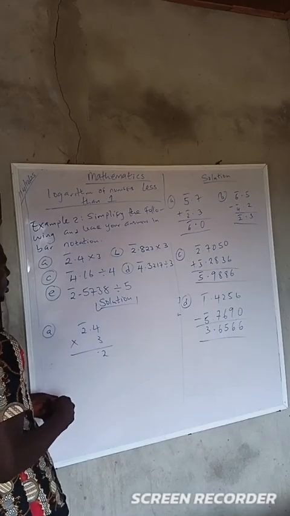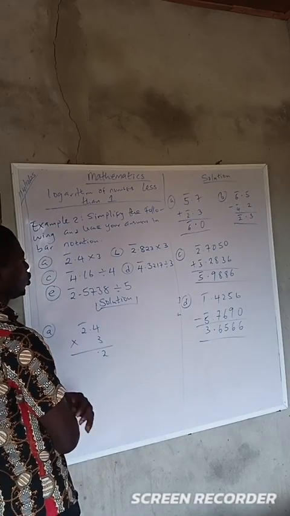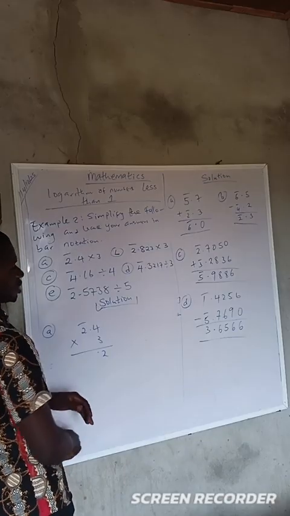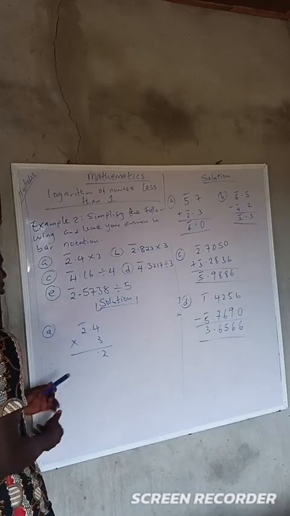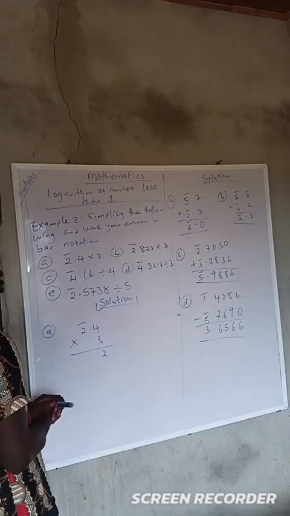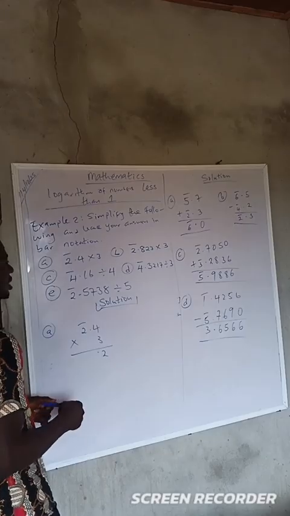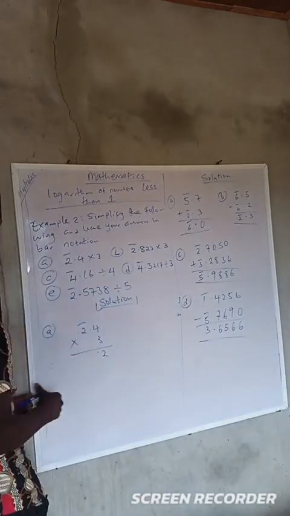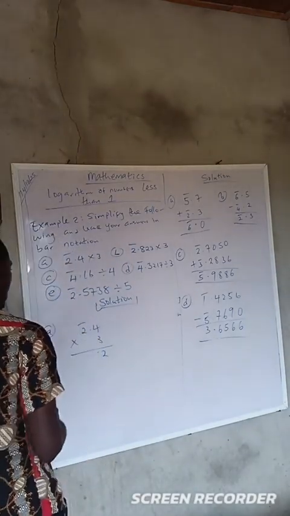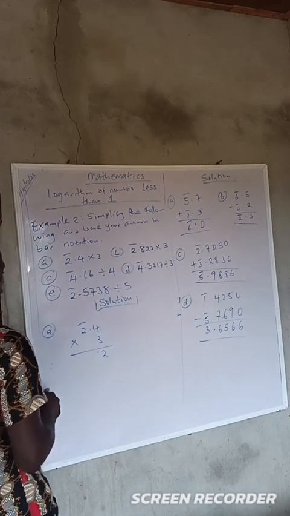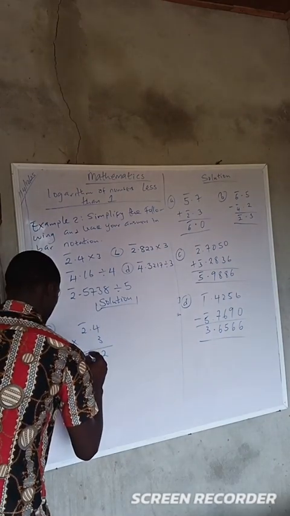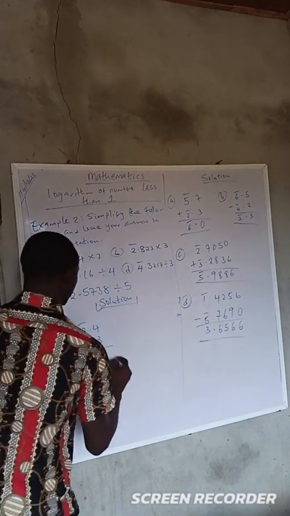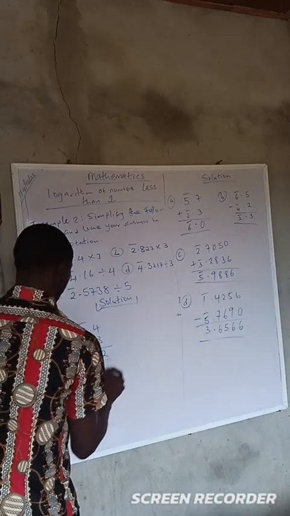Then 3 times bar 2 is going to give us bar 6. Then you add 1 to that bar 6. You have bar 6 plus 1. That's the same thing as minus 6 plus 1. And that's going to give us minus 5. And minus 5 in bar notation is the same thing as what? Bar 5. So that's the solution to that question.